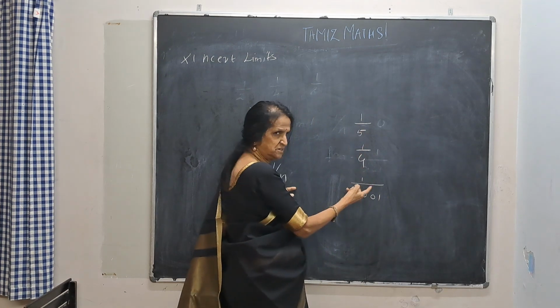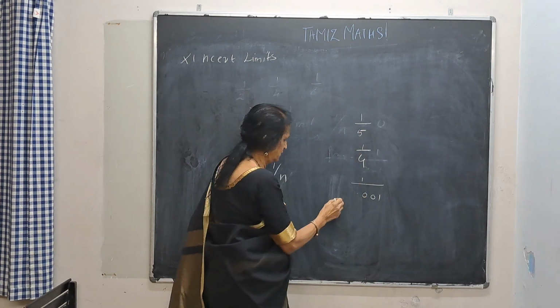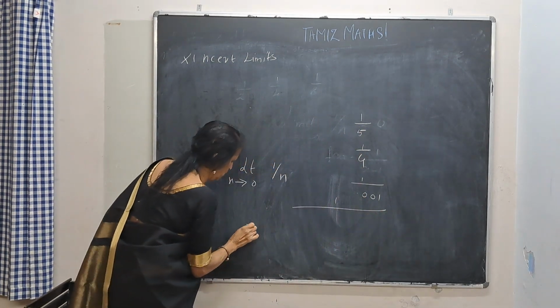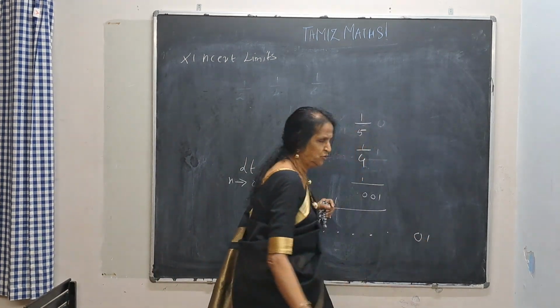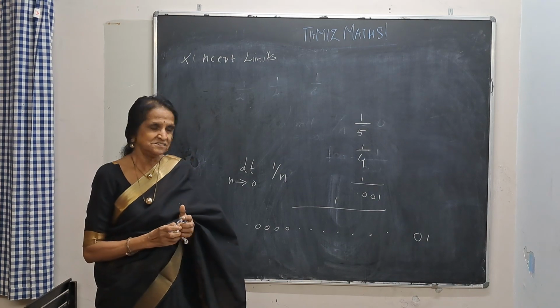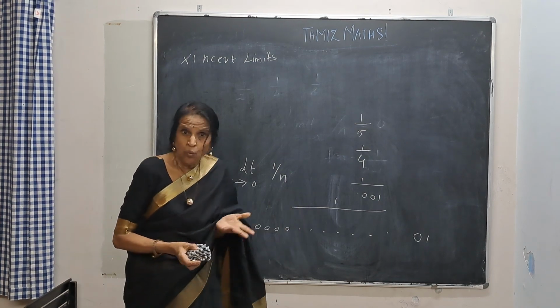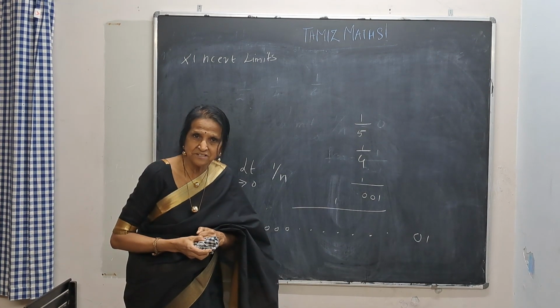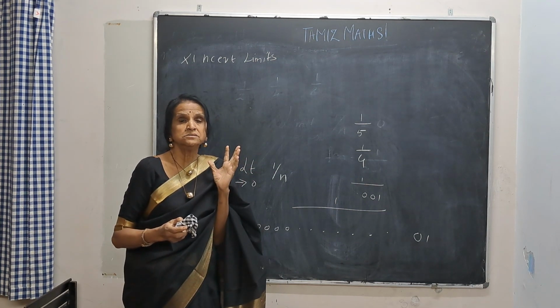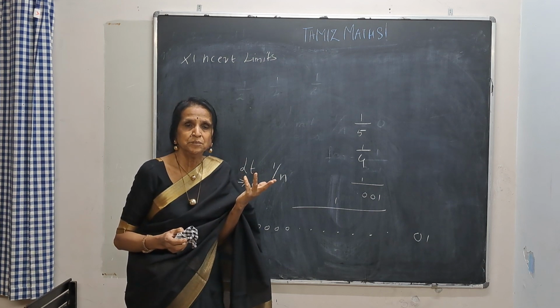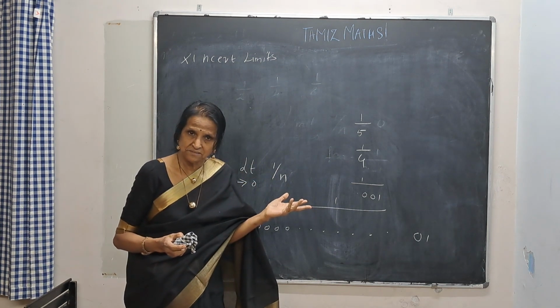I get a value more than this. Quite plenty I get. Look at the denominator. So 1 by this. What value will I get, students? What value will I get, viewers? Very large. Very large. Maybe I am not even able to say that.